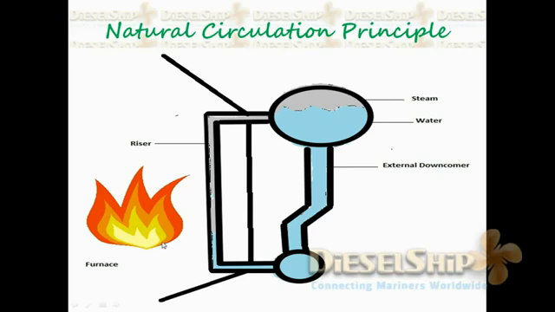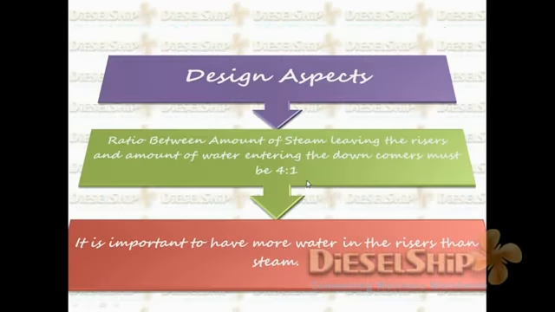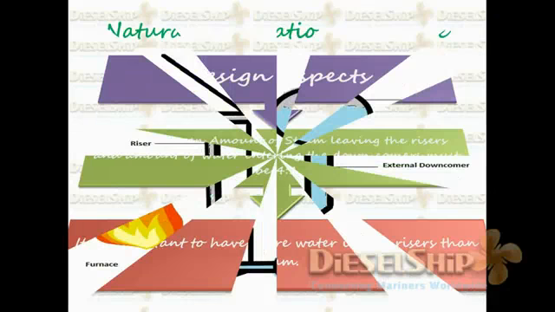Let's now go to the design principle. Why do we have an external downcomer and what should be its size? The design aspect is that the ratio between the amount of steam leaving the riser and the amount of water entering the downcomer must be approximately 4:1. Let's get back to the picture and understand this.